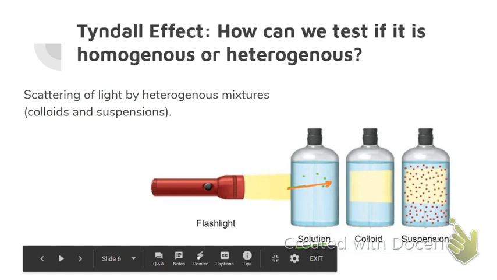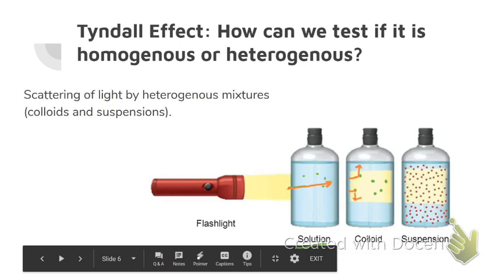But in a colloid, even though your eye can't see it, let me make this a little bigger. So let's say that's too big. Let's say the particles were a little bigger. When you pass light through it, some of it will go through, but some of it will hit the particles because they're bigger, so they're easier to hit, and they'll bounce.